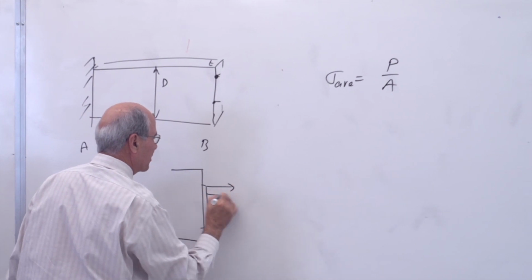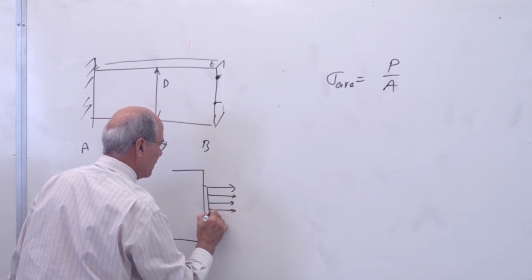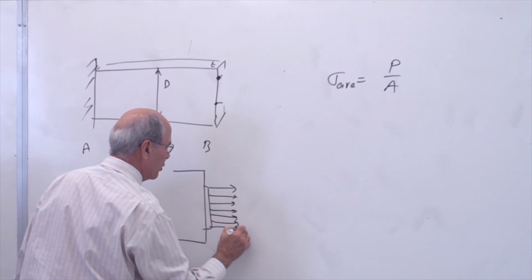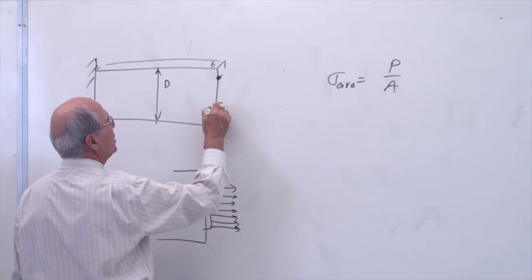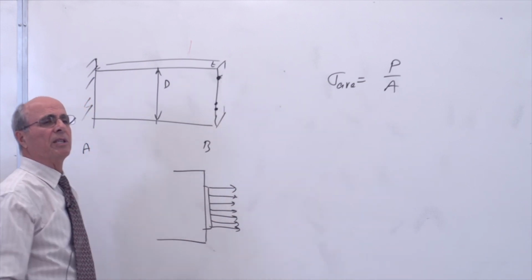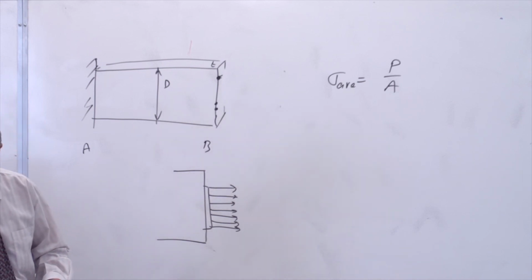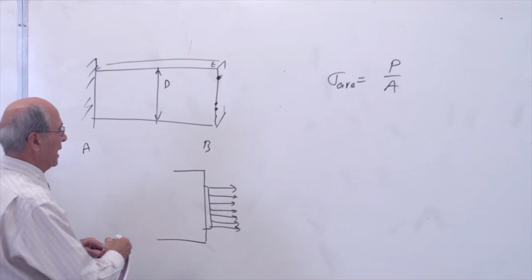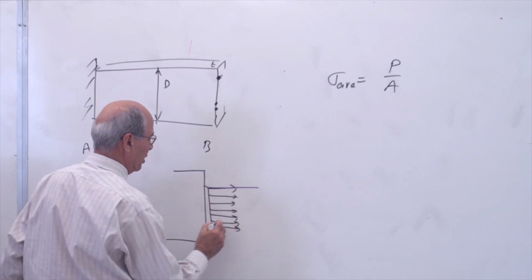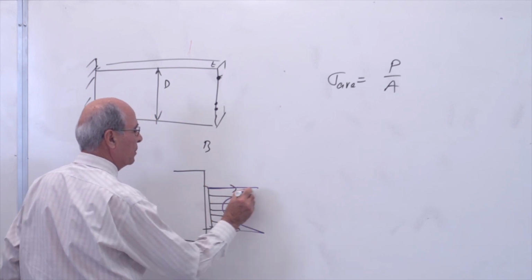So according to the theory, sigma should be uniformly distributed from here to here where that connection was. Yes or no? Correct? But the actual scenario will be something like that: at this corner, the stresses are much larger, and it goes at the middle like that.